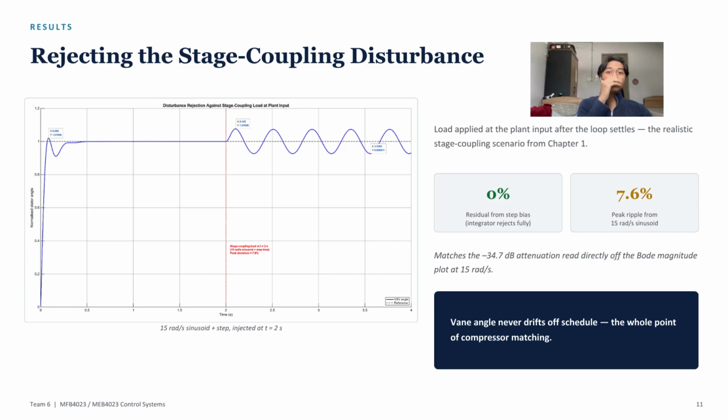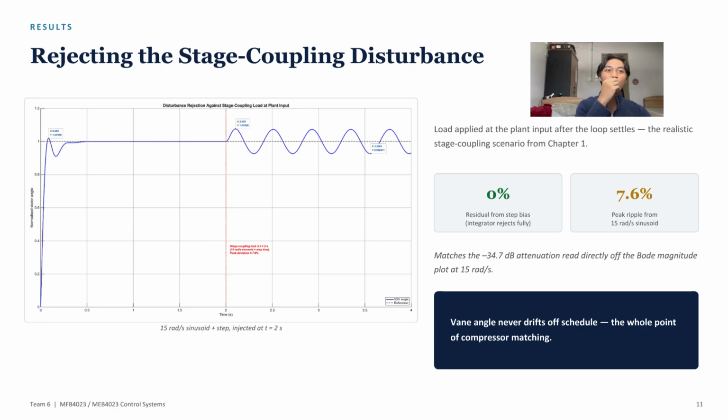Okay, so to test this under real conditions, we injected a stage coupling disturbance, a 15 radian per second sinusoid plus a step bias, directly at the plant input starting 2 seconds in after the loop had already settled. The constant part of that disturbance is completely eliminated because the integrator drives any steady state error back to 0.